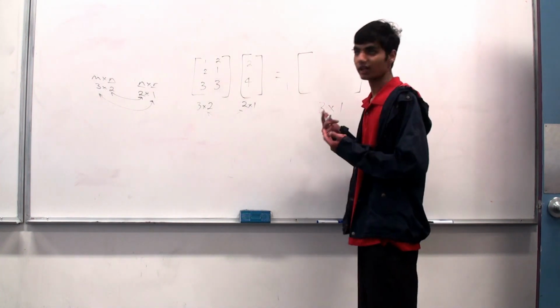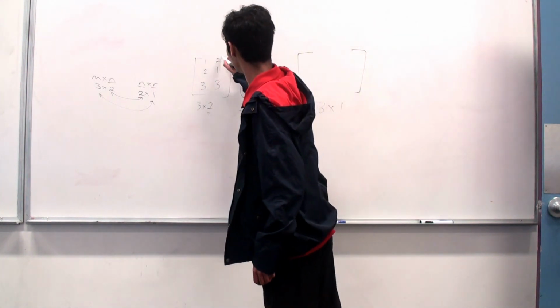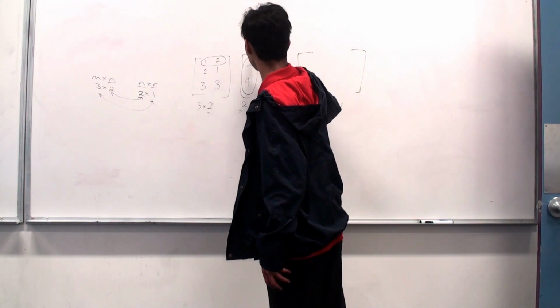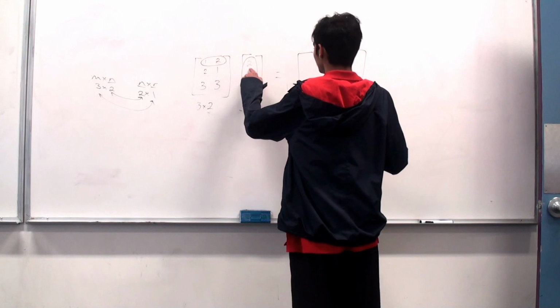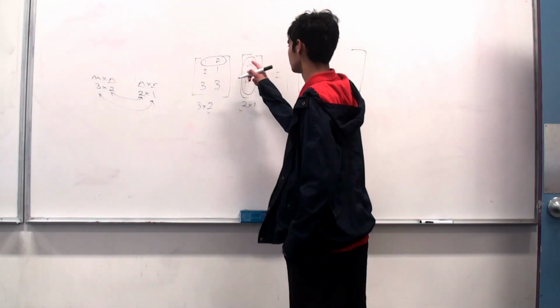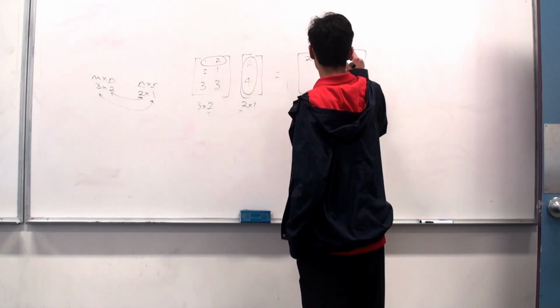And we apply the same procedure as we did before. We take the row vector here and the column vector here. And so we have 1 times 2 plus 2 times 4.